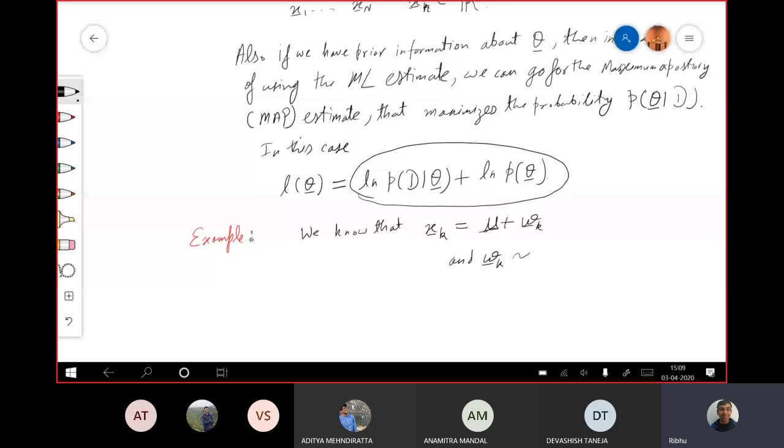The data points that we observe are xk's that are some mean plus white Gaussian noise with a covariance matrix sigma. And there is no prior information on mu.